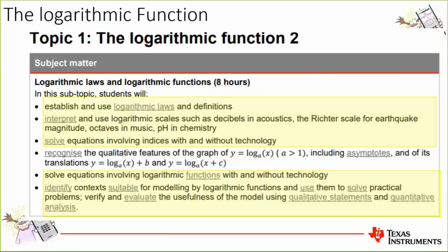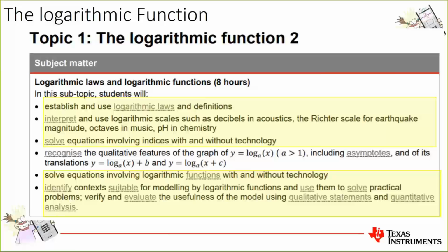It's going to be octaves in music, but you'll get access to the Google Drive, with some extra documents in that after this session. I've put a couple of questions in there: one that is decibels, one that is the Richter scale, and one that is a pH question as well. We'll be providing you with those revision questions after the session today, and we will also provide you with solutions to those.